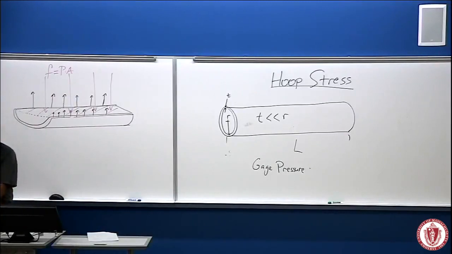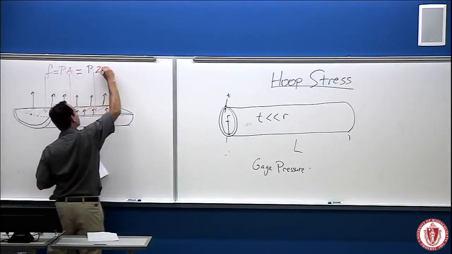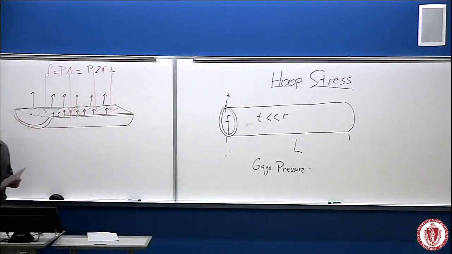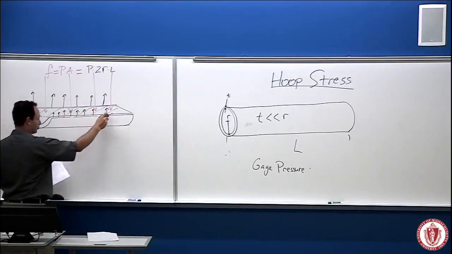And that area, well, is the area of this rectangle. And it's got, on this side, 2r for the width, and then for the length is L. Now, let's come back to the walls here.